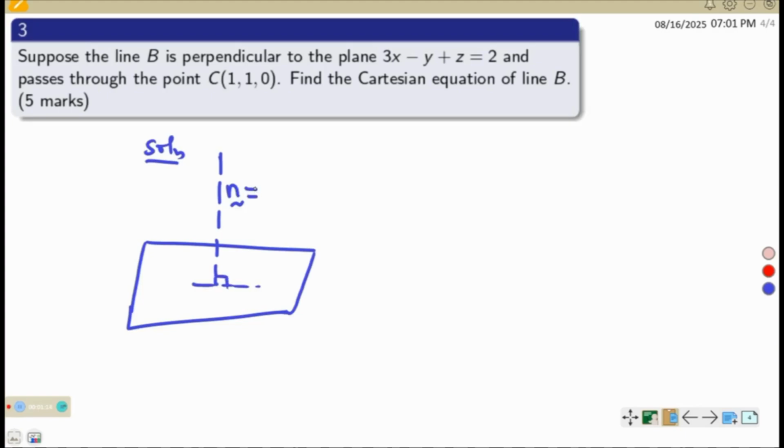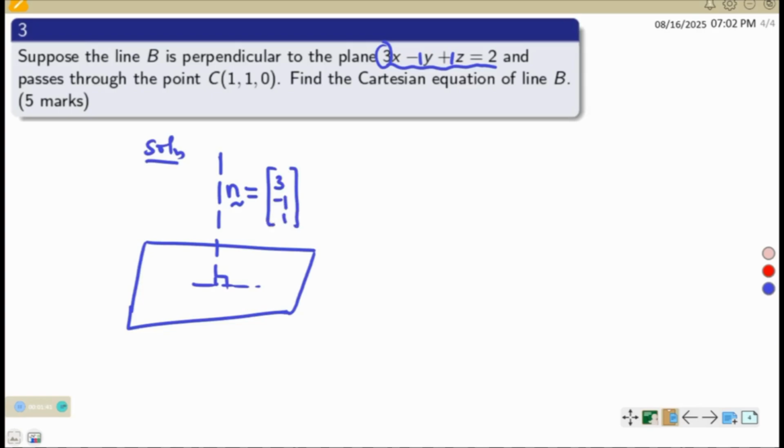So this n can be obtained from the equation of the plane. The equation of the plane is given as this. And to obtain the normal to the plane, you look at the coefficients of x, y, and z. So the coefficients for x, y, and z will give you what we call the normal. So for that case, the normal can easily be obtained as 3, -1, and 1.